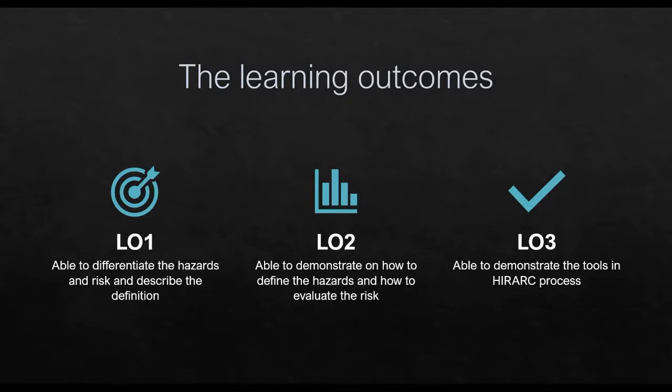Okay, and then learning outcome number three, you must be able to demonstrate the tools in the HIRARC process. As I mentioned before, the tools commonly used in the HIRARC process, like the tree diagram, we call the fault tree diagram analysis, and also the event tree diagram analysis.